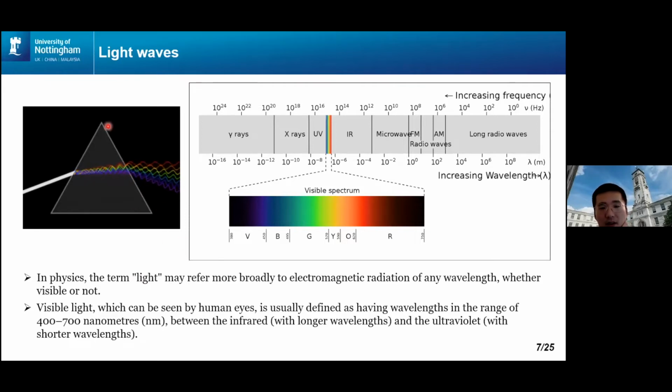In the left-hand figure, you see a prism dispersing a beam of white light, and after that you will see the red light wave at a higher wavelength, and the blue light wave at a lower wavelength, separated.